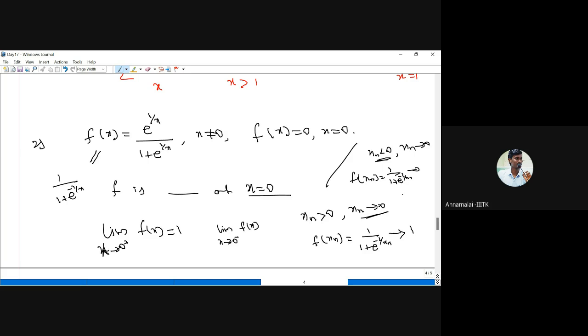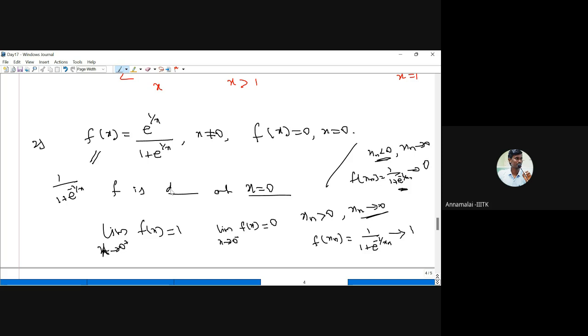So it is e power infinity, which goes to infinity. Therefore this goes to 0, because 1 by infinity is 0. Therefore the left hand limit is 0. Since the right hand limit and left hand limit exist but are not equal, this is discontinuous.